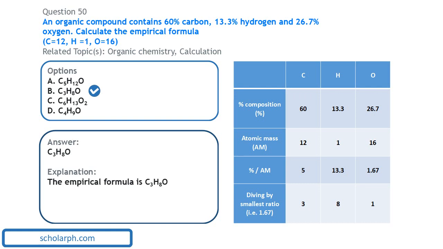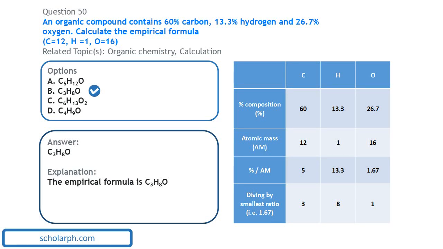What we are going to do here is divide these percentage compositions by the atomic masses of the elements. For carbon we have 60 divided by its atomic mass, which is 12. 60 divided by 12 is 5. For hydrogen, 13.3 divided by 1, its atomic mass, that is 13.3. For oxygen we have 26.7 divided by 16, and that is 1.67.